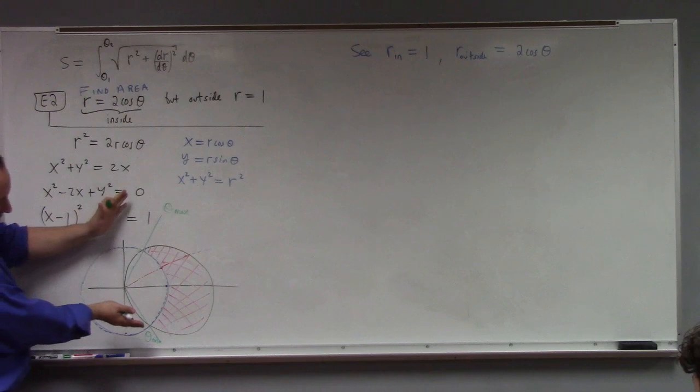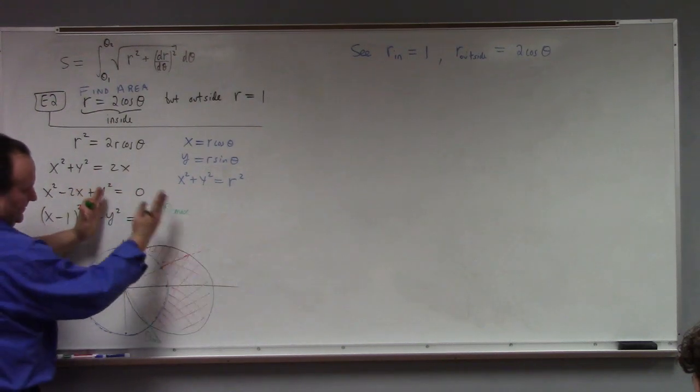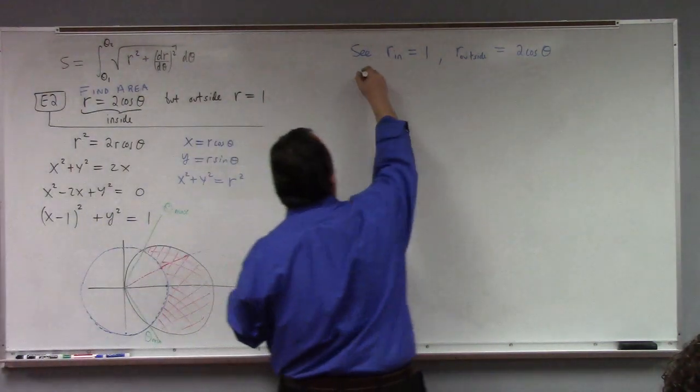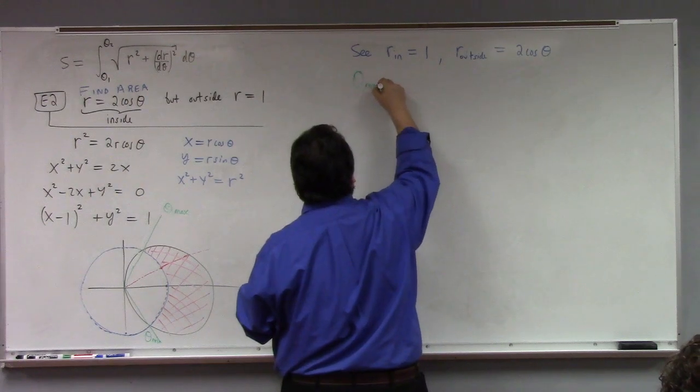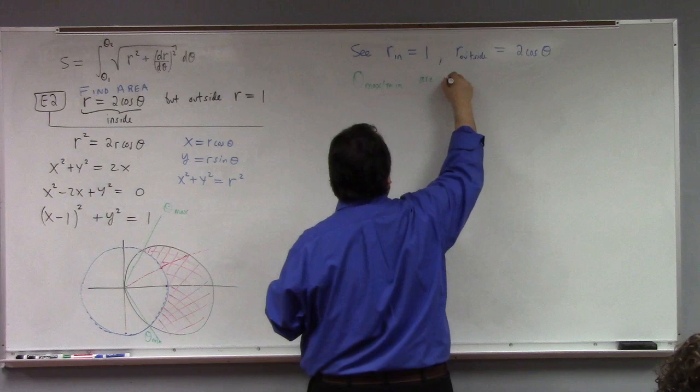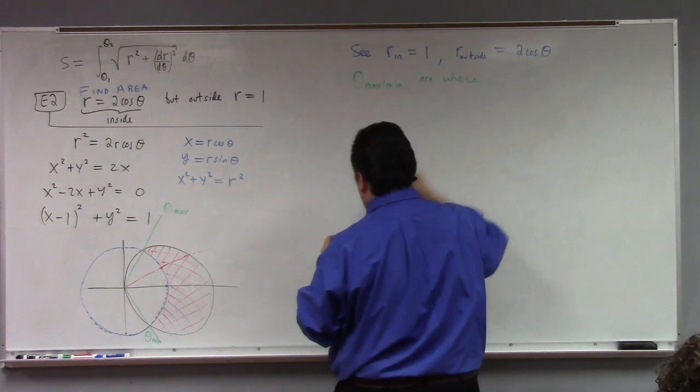Basically we're going to sweep from here to here to get that area. So what angles are those? How do I find those? Those are where what?